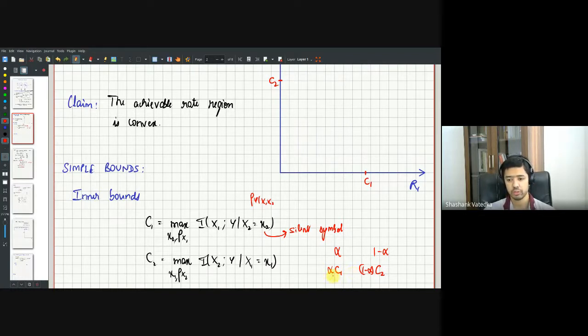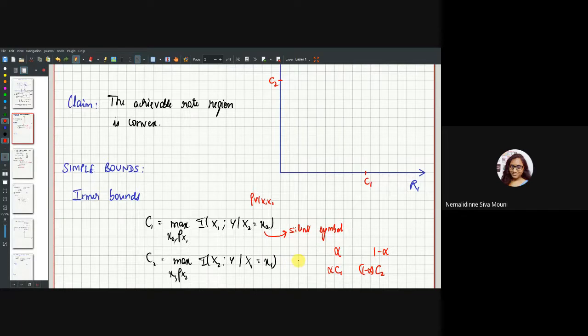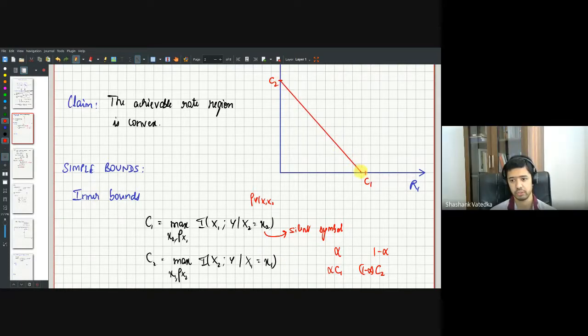So therefore, what set of rate pairs are achievable? If you used TDMA and you varied alpha between 0 and 1, what would be the set of achievable rate pairs? What would that look like? A straight line joining these 2 points. Correct. So it would be some straight line joining these 2 points.